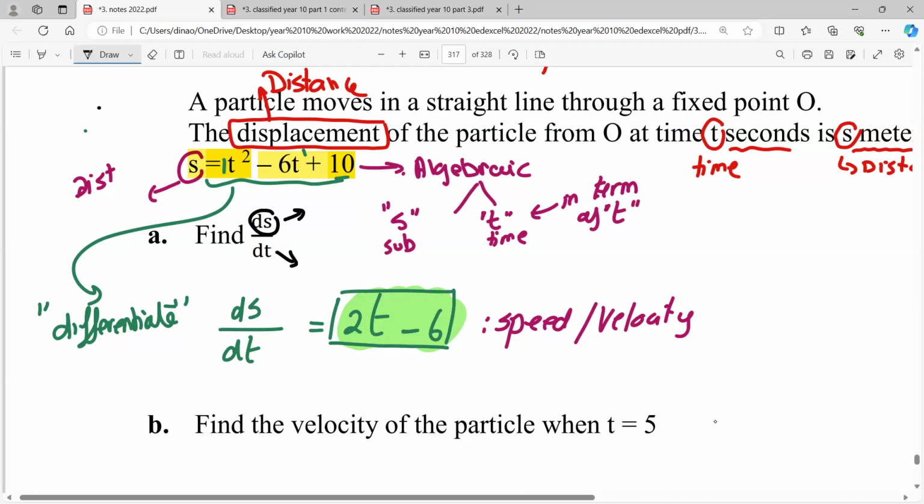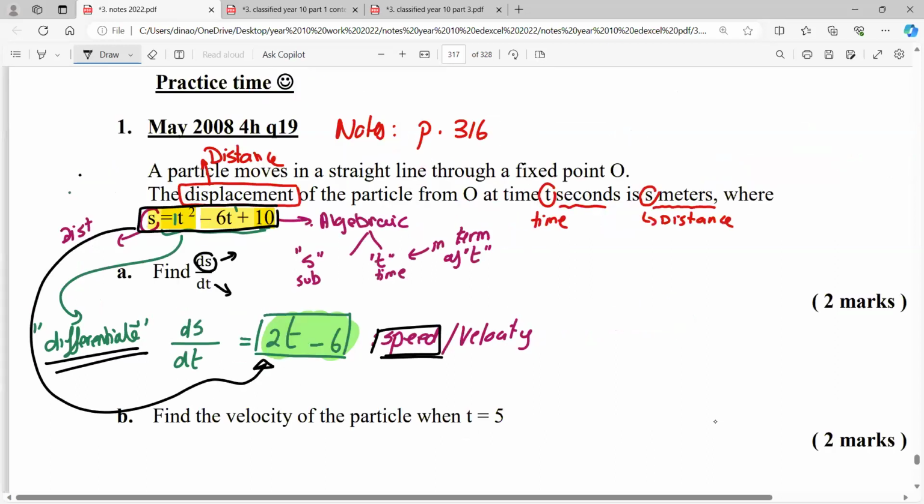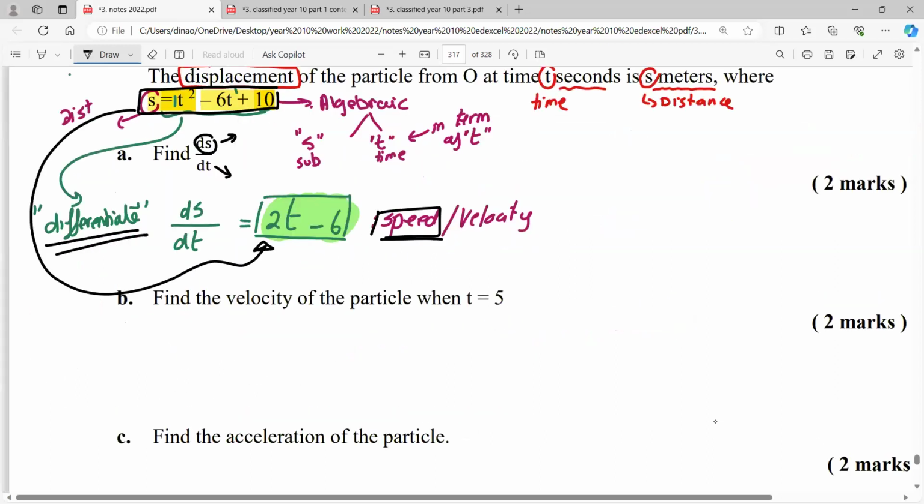So change of distance over change of time. Now change of distance over change of time is simply what? Speed. So basically, if you are given the yellow, which is distance, and you are required to find the green, which is speed, what do I do? I differentiate.